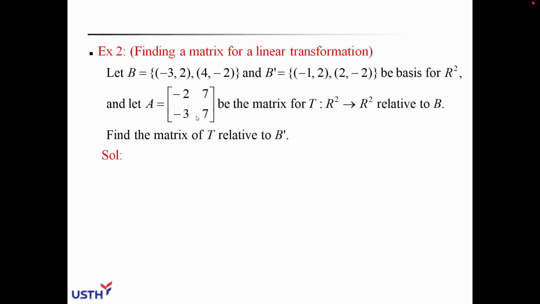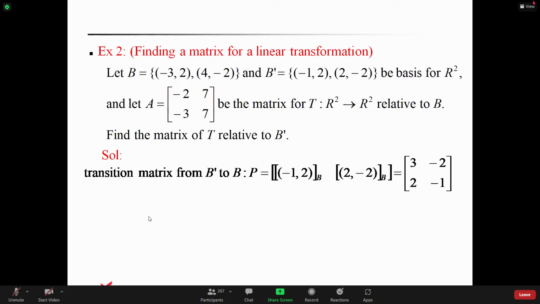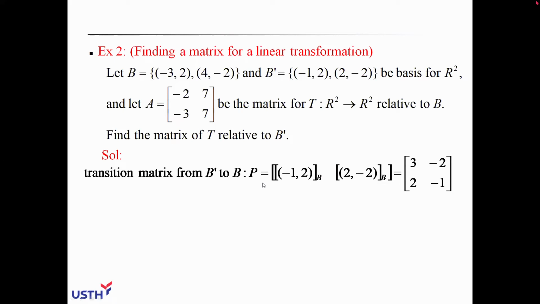Then you are required to find the matrix of T, but now relative to B prime. In that case, you don't know what T is, but it is very easy for you to do it because the transition matrix from B prime to B is very easy to write down.